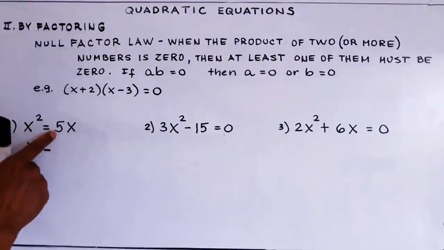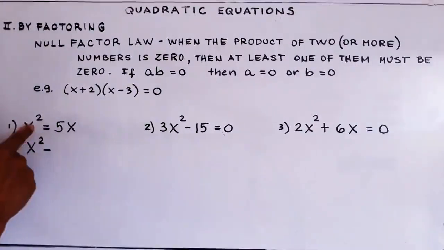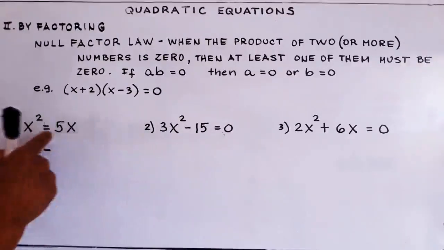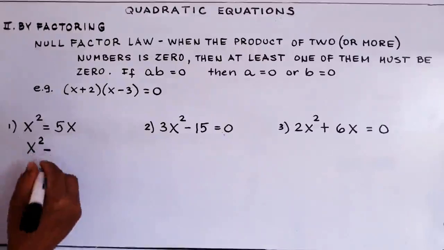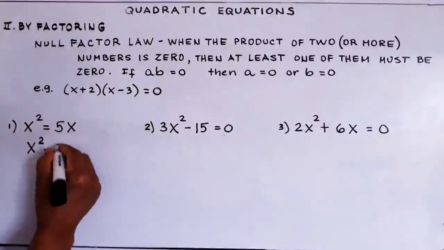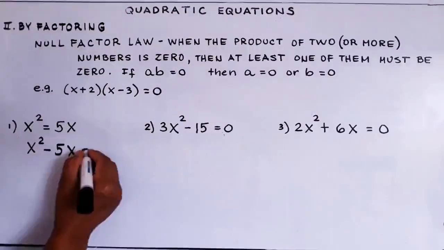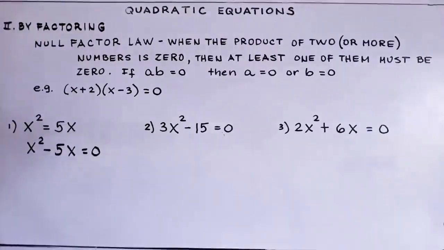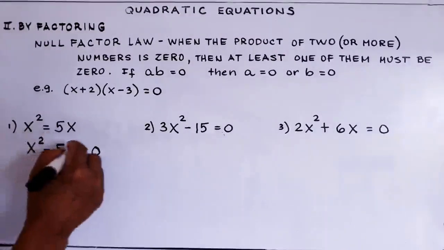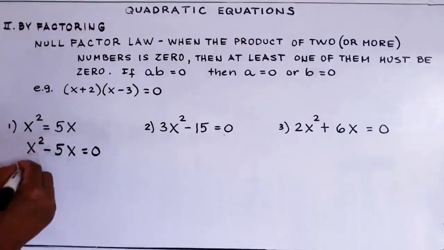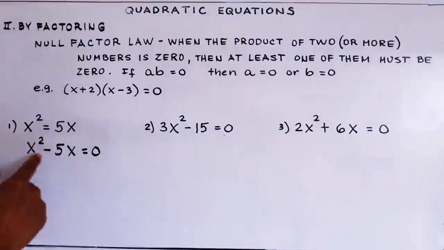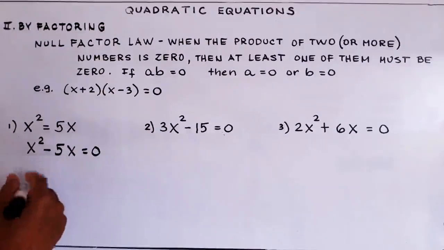Because this one is positive, it will be negative on the left. We subtract 5x also on the other side, so we have 0 on the right side, and there's nothing there. Now, because our method is factoring, we will factor x squared minus 5x. And here, we see that x is a common factor.